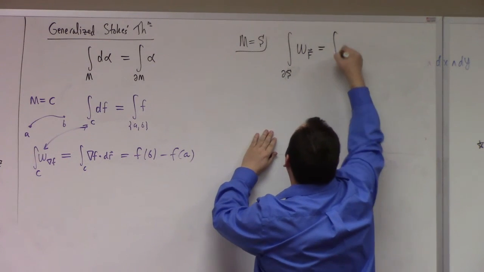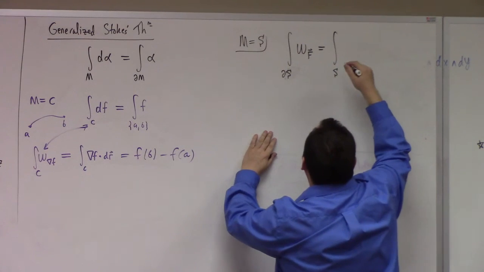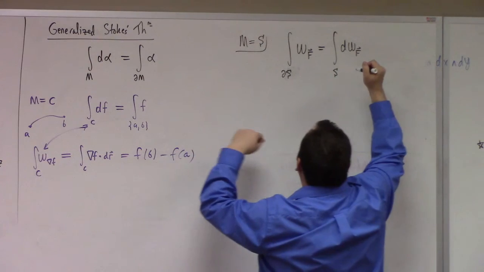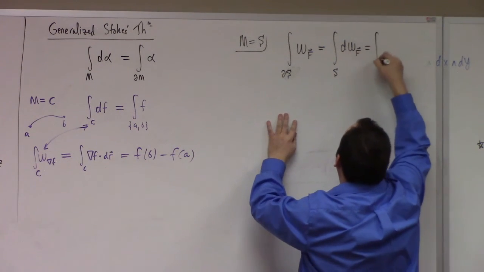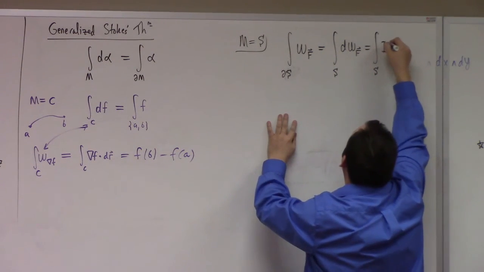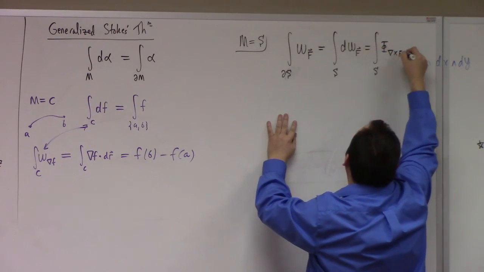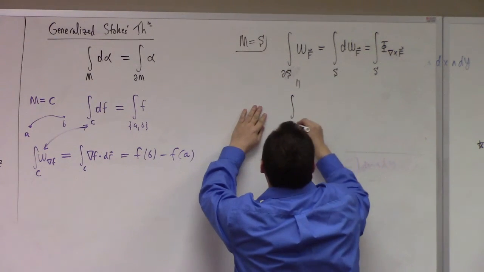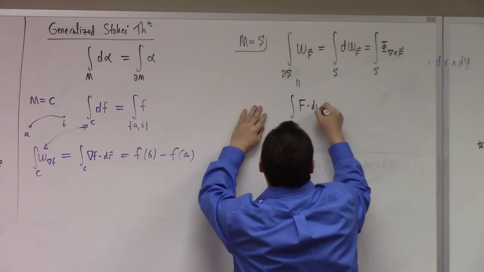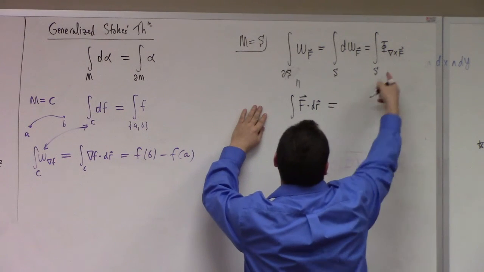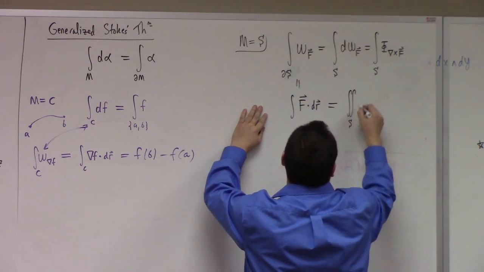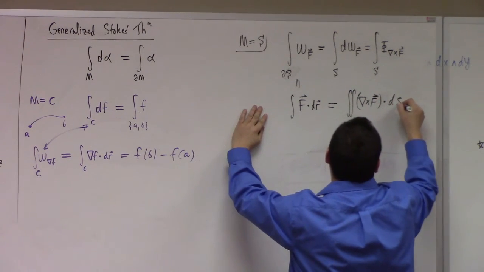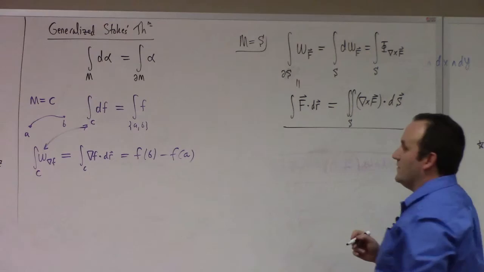That would be equal to the integral over the surface of the differential of the work form, right? By Generalized Stokes theorem. So what's this give us? Well, this gives me the integral of f dot dr when you translate back to ordinary calculus. And on the other side, we have the double integral over the surface of the curl. In other words, the ordinary Stokes theorem.